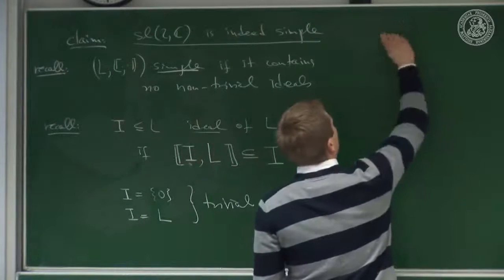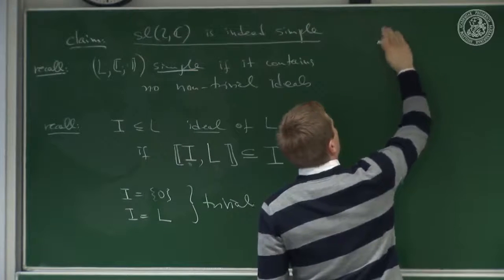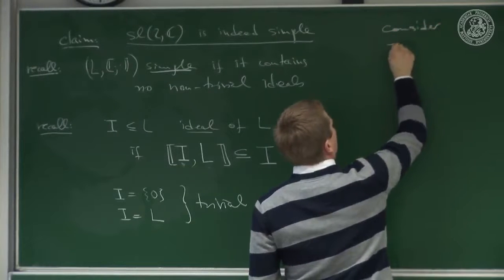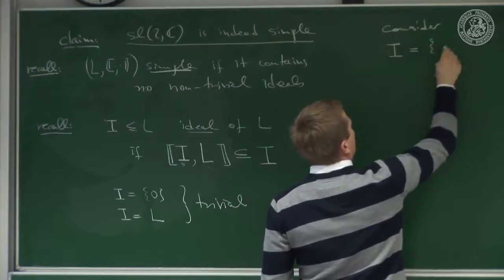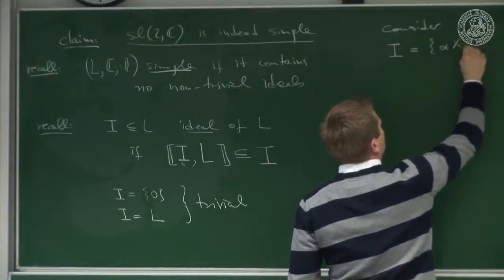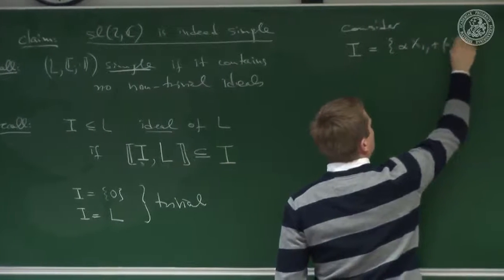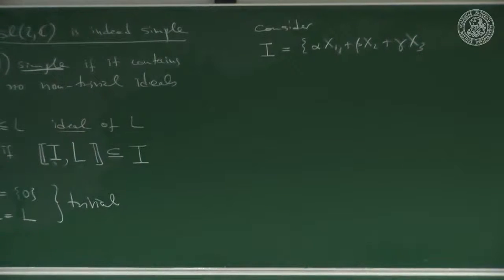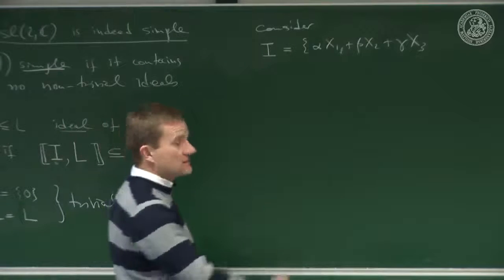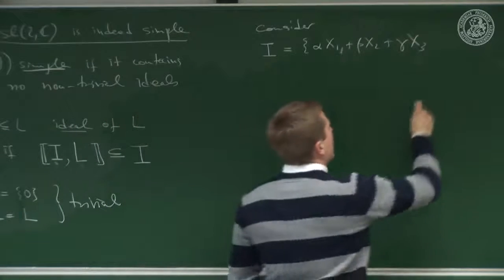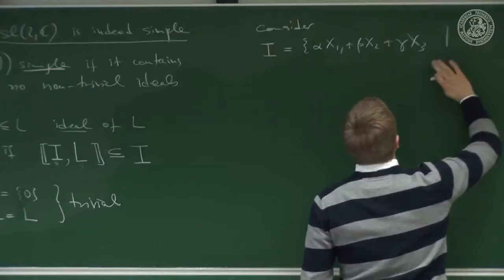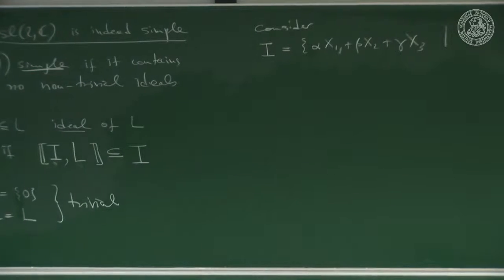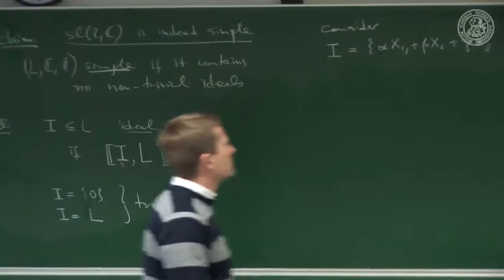Well, consider a set I that consists of alpha x1 plus beta x2 plus gamma x3. So, arbitrary linear combinations of our basis we have here. And well, we now try to restrict the alpha, beta, gamma such that we do not get a trivial ideal.